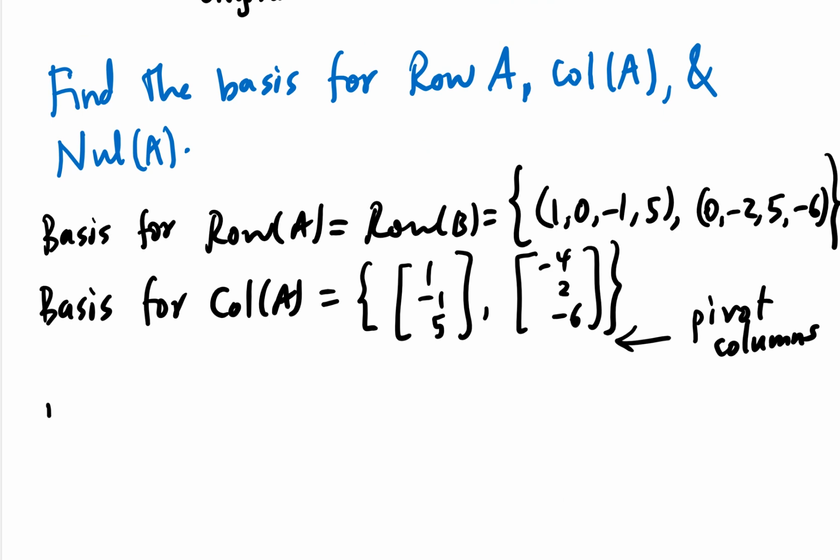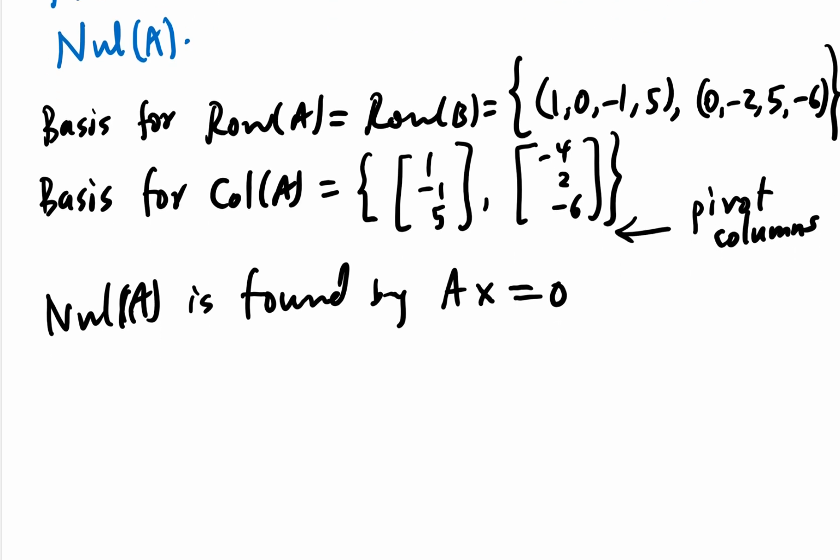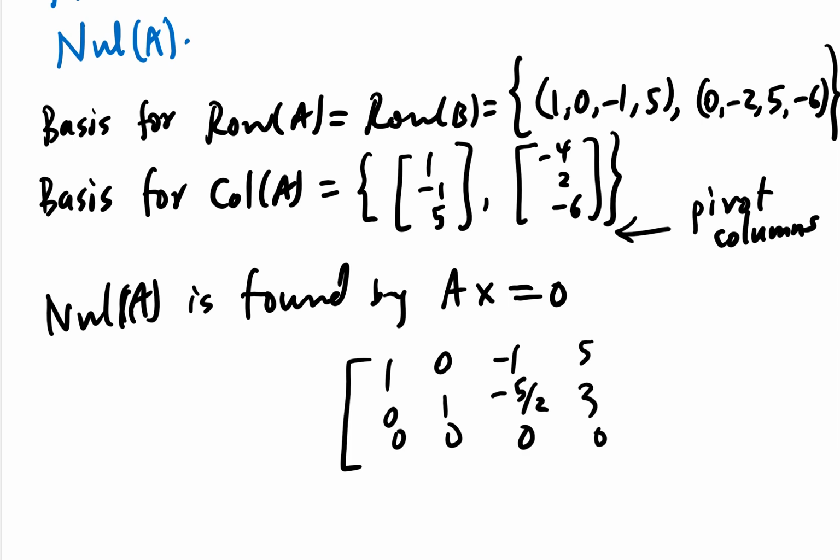So how do you find the null space of A? This is usually found by setting AX equals 0. Remember? If I look at the reduced echelon form, it was given as 1 0 0; 0 1 0; -1, -5/2, 0; 5, 3, 0.